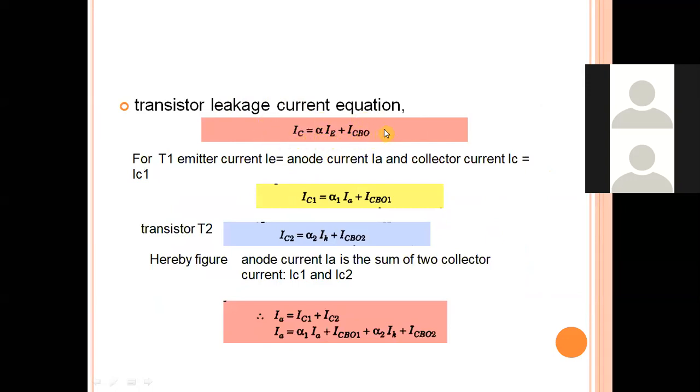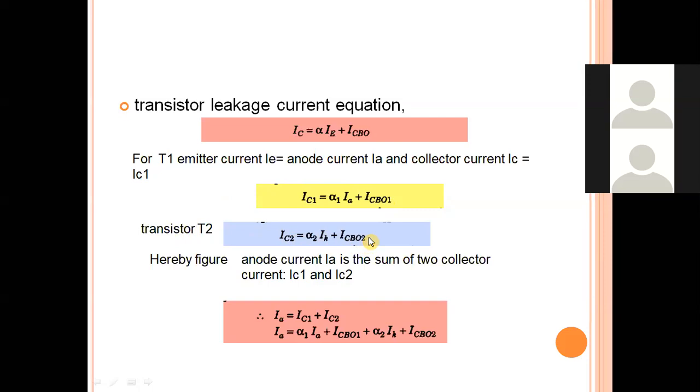Applying this for transistor 1, IC1 is equal to alpha 1 IA plus ICB0 1. Applying this for transistor 2, IC2 is equal to alpha 2, the current gain of transistor 2, into the emitter current of transistor 2, that is IK, plus ICB0 2.